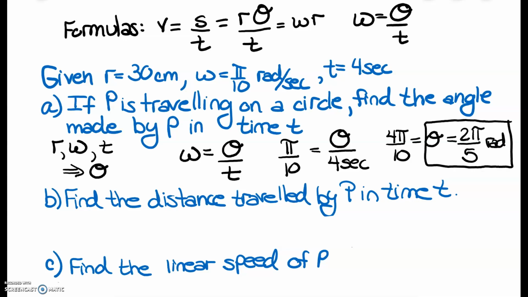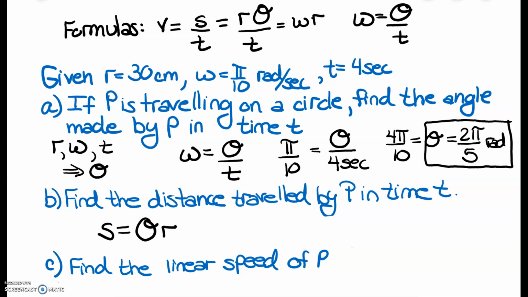The next question is to find the distance traveled by P in time t. So distance is definitely arc length. Our distance that we travel around the circle is the arc length over which we traveled. Our formula for arc length is s equals theta r.